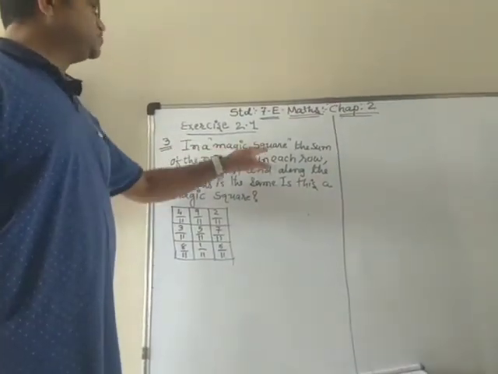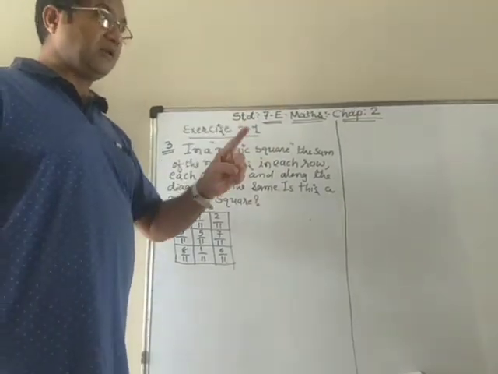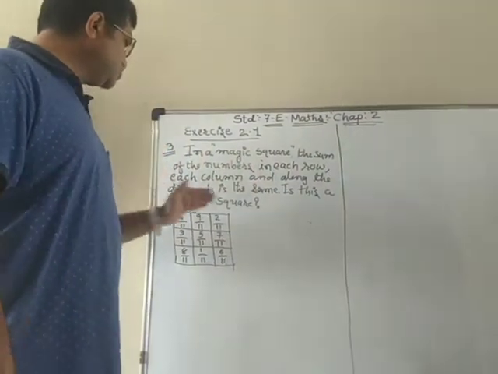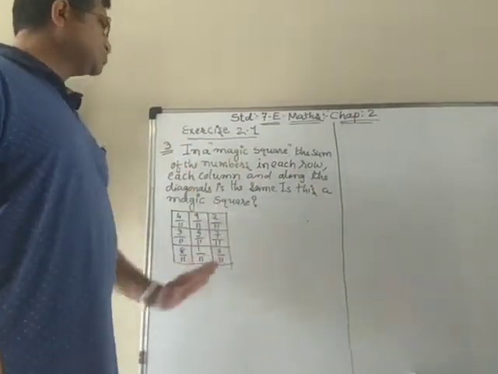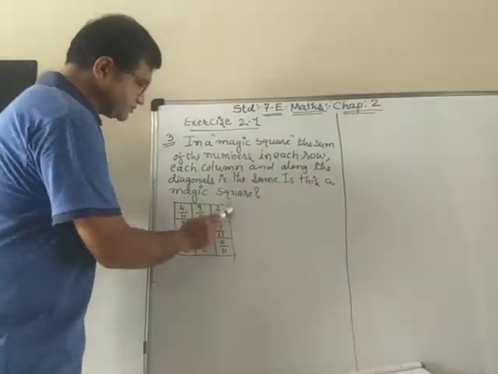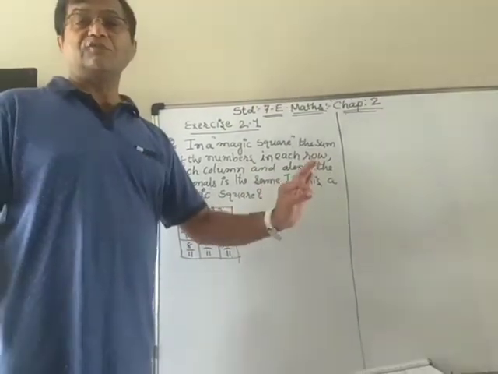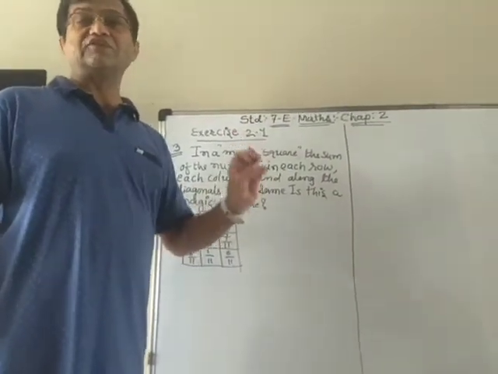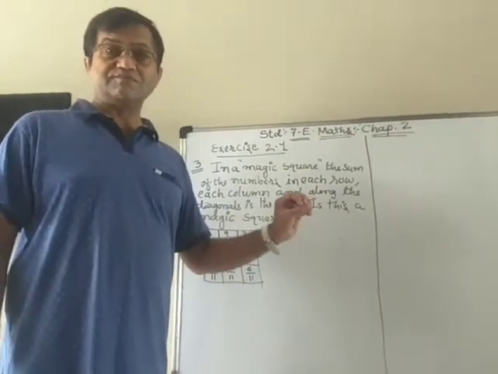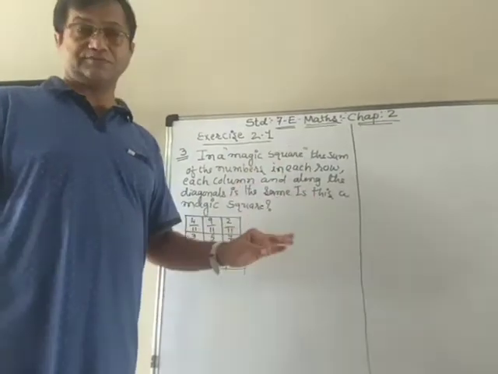A square is called a magic square if the sum of the numbers in each row, each column, and along the diagonals, means cross, are all equal. So here we have to check whether the given square is a magic square or not.